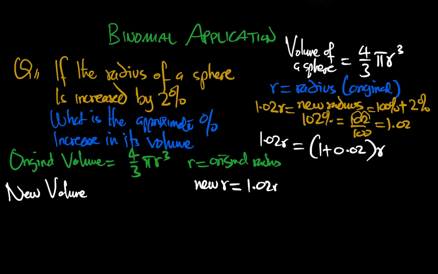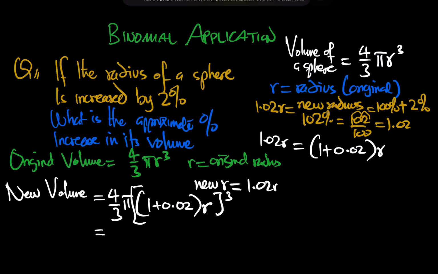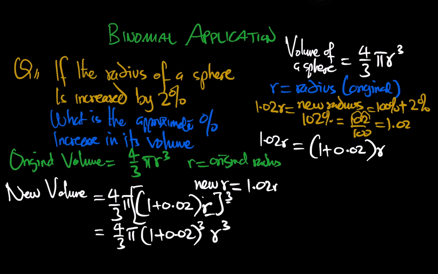The new volume will be 4 over 3 pi, and then the r there is our 1 plus 0.02 r, and it's all to the power of 3. So we have 4 over 3 pi, and then the 3 takes on the bracket, 1 plus 0.02 cubed, and the r also takes on that. Beautifully, it takes on that. Now, that means we are able to solve this. Can you see that?